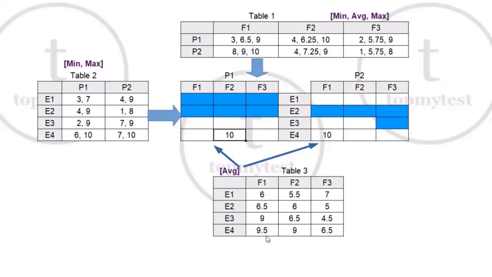Now let's use a third table. What does the third table say? The third table says that E4 in feature 1 has given an average of 9.5. So average of feature 1 scores should be 9.5, right? So across 2, average is 9.5, which means the total should be 19. Now we already know feature 1 he's gotten a 10.